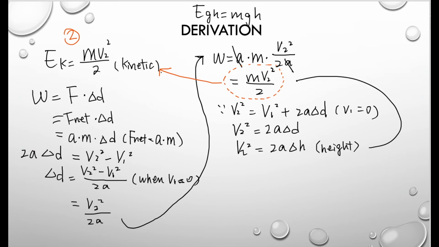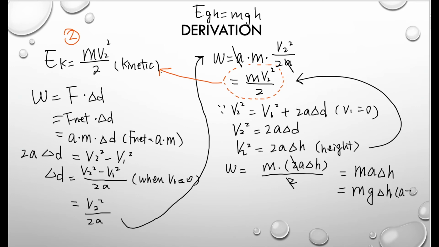And if we substitute this into the formula for kinetic energy, then we'll get W is equal to M times 2A delta H divided by 2. 2 is crossed out, and then we'll get MA delta H. And in this case, A is just G, which is acceleration due to gravity. Then we get mg delta H. It's the formula we were solving for.